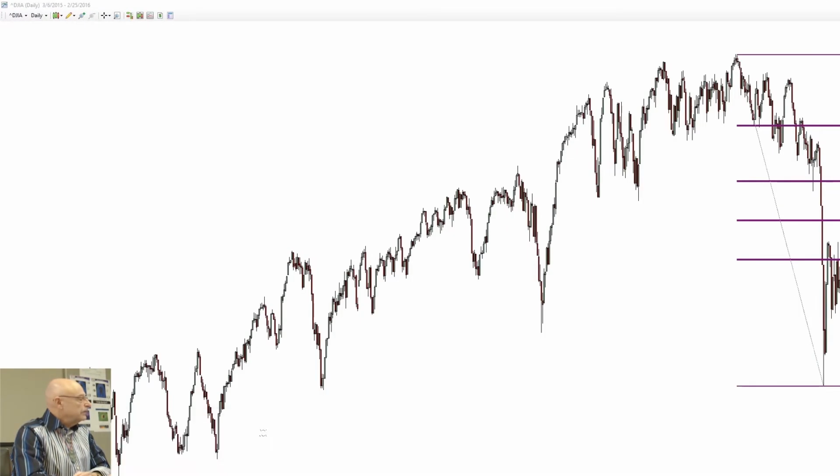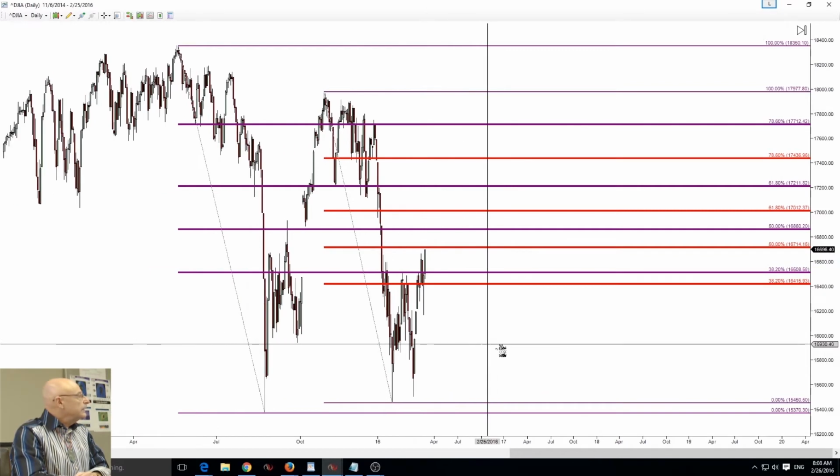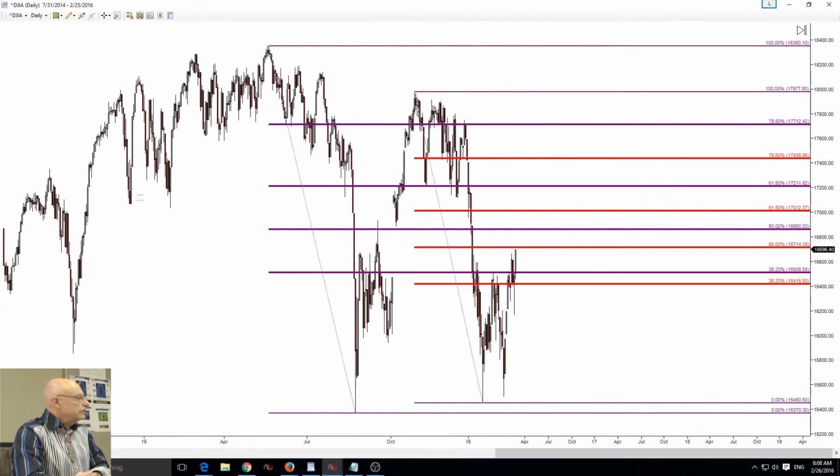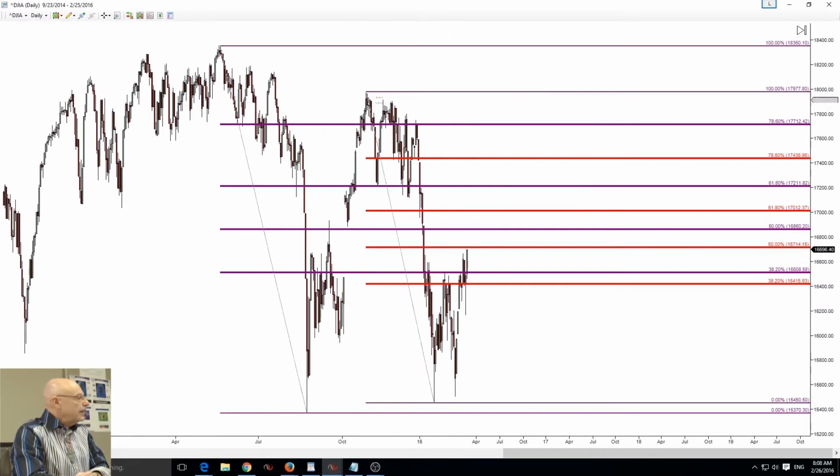Okay, now, how we trade it. Take a look on a daily chart. It was a weekly chart. So here's the levels. As you see here, from that high to that low, we're inside of a bigger range, all-time high and that 8/24 low on the Dow Jones.